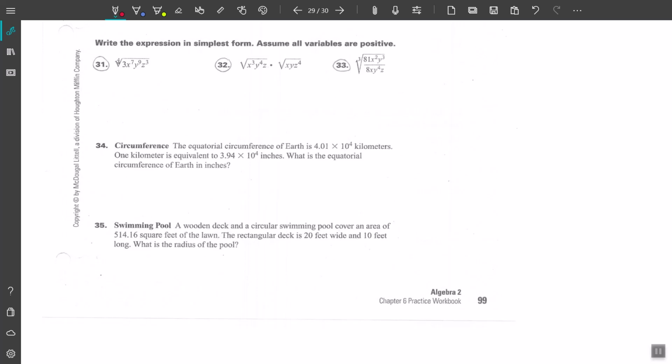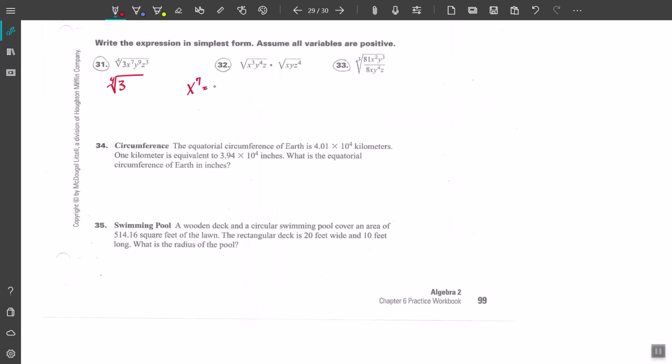We're looking for fourth roots, and so we know there is not a fourth root of 3. 3 is prime, so we don't have to do anything with that. So I'm going to end up leaving that under the radical. But this x to the 7th is really 7 x's.